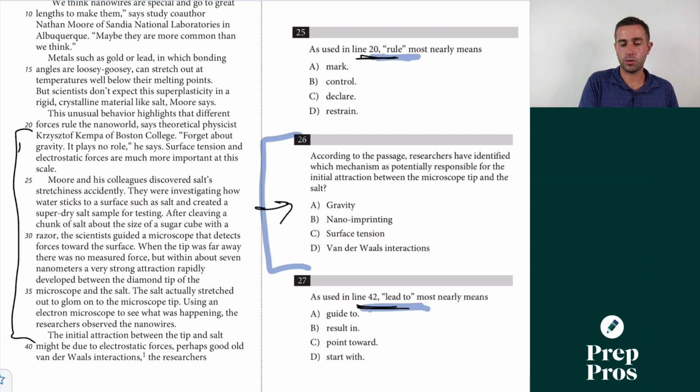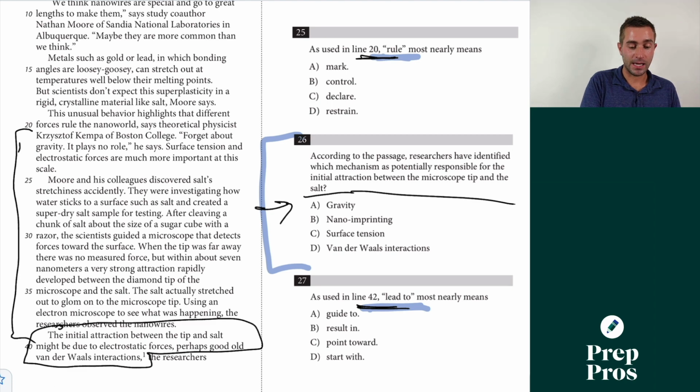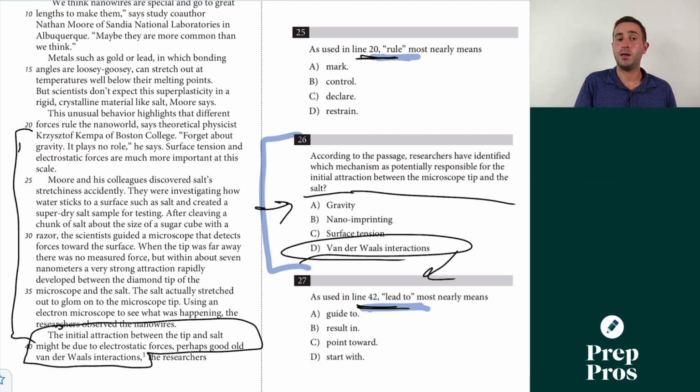And here we see, according to the passage, researchers have identified which mechanism is potentially responsible for the initial attraction between the microscope tip and the salt. Well, what I can see here is it is right here in this line. It is so close to this latter one, but it's saying it's due to the van der Waals, and just by using that tip, it makes my life so much easier for finding the evidence and working through the passage faster.